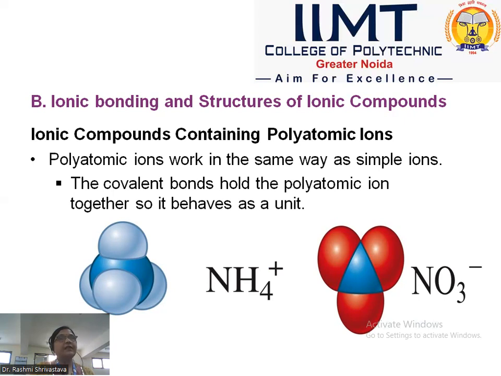But when NH3 attaches with 1 hydrogen ion, then the ammonium ion NH4 is formed, which has a positive charge and is known as a polyatomic ion. The other is NO3, in which NO2 is a stable configuration, but when it combines with another oxygen atom, then NO3 negative is formed.